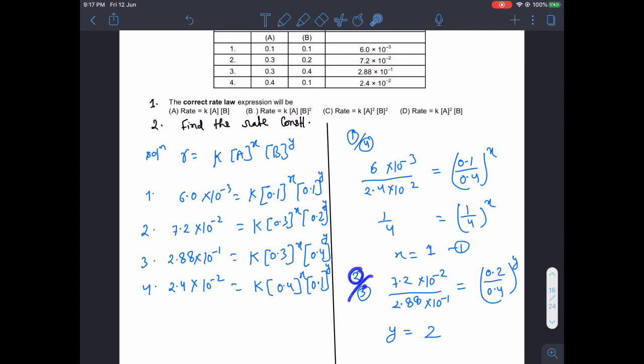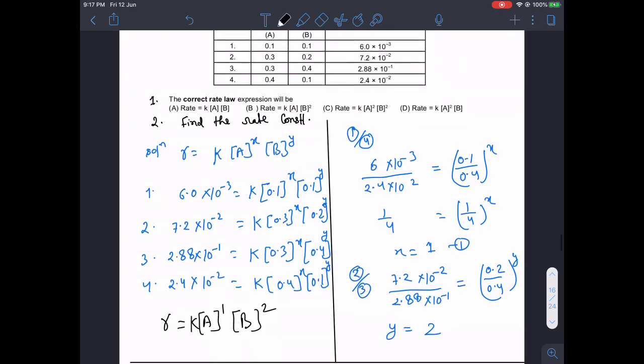Dividing 2 by 3, I got this expression and I got the y value equal to 2. So now, with the value of x to be 1 and the value of y to be 2, I got the rate expression r is equal to k times A to the power x, that is 1, and B to the power y, that is 2.